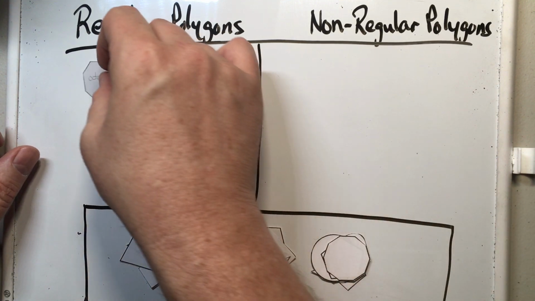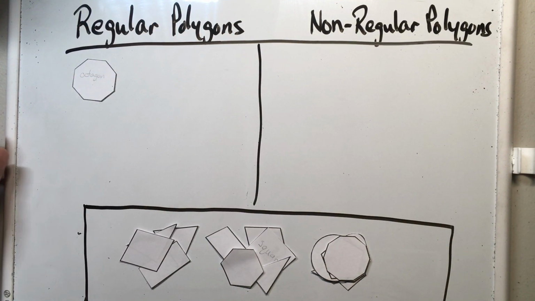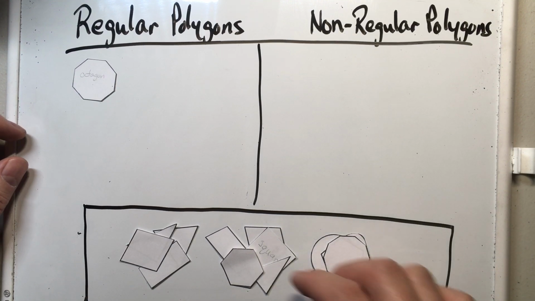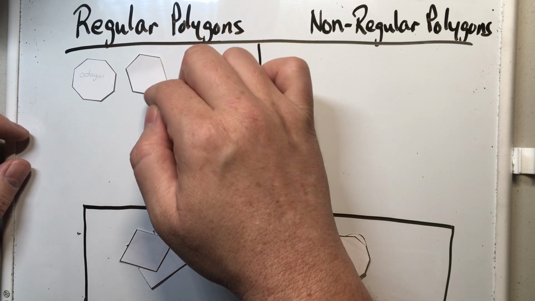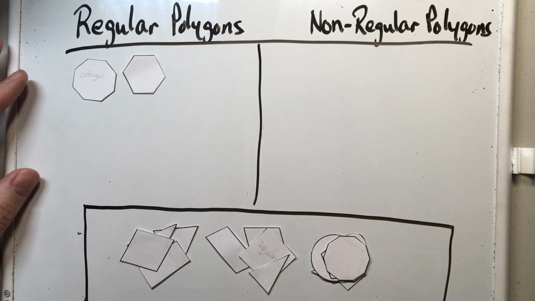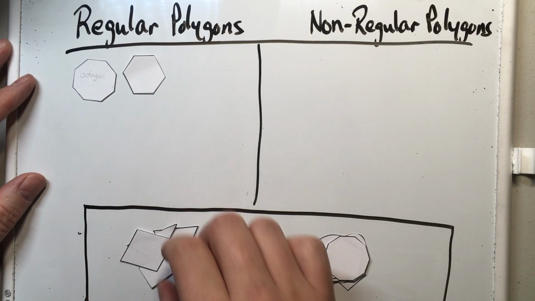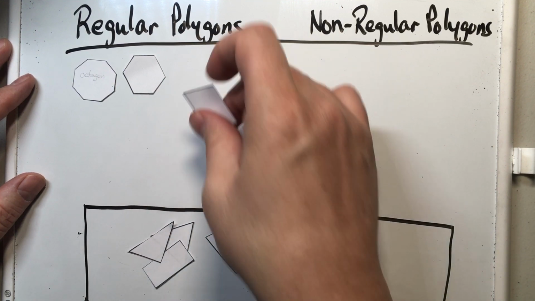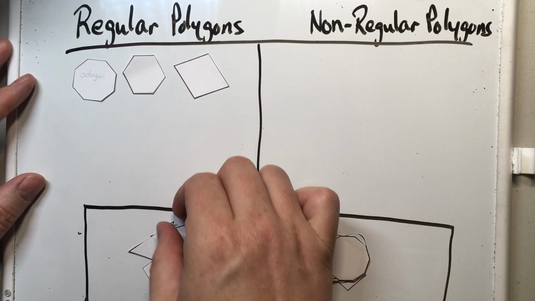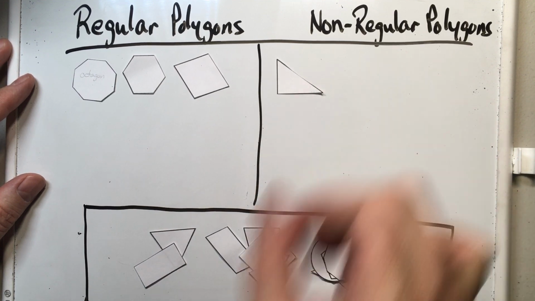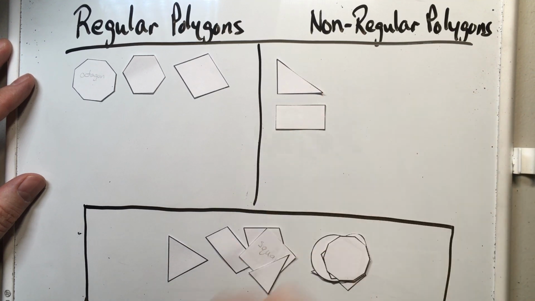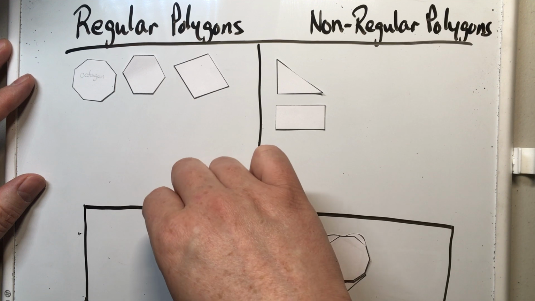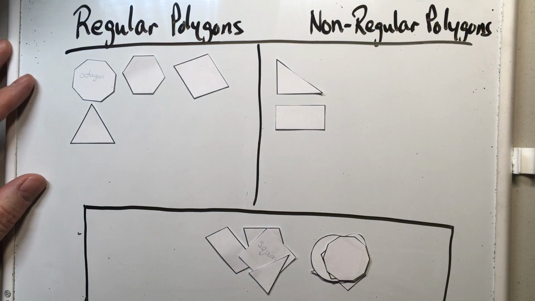My octagon is a regular polygon because all the sides are of equal length. My hexagon is a regular polygon because all sides have equal length. So is my rhombus. The right triangle is not. The rectangle is not. The equilateral triangle is.